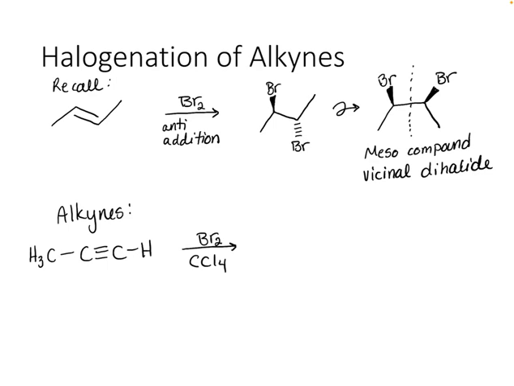So you get both anti and syn addition on the triple bond. So we're going to end up with two products here. Let's see. So we'll show the opposite, or the anti-addition first, and then we'll show the syn addition.